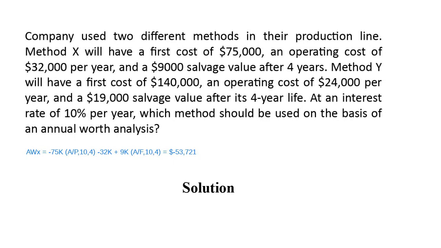For Y, we will do the same: minus 140K A given P, minus 24,000, plus 19,000 A given F, for the percentage 10%, 4 years.